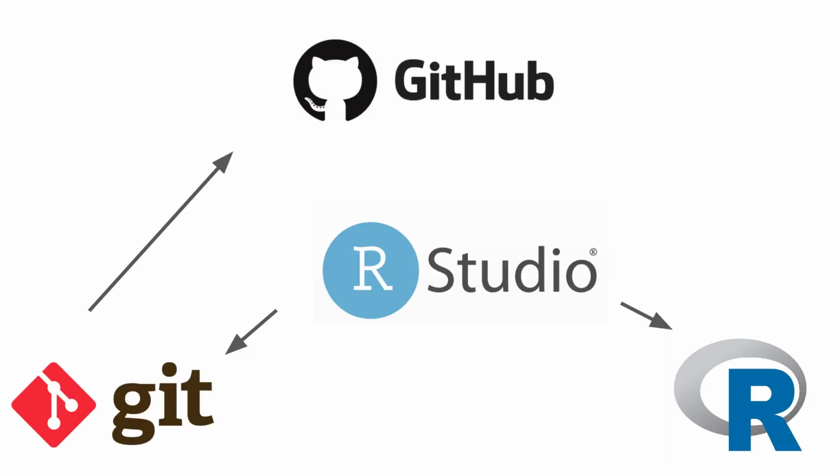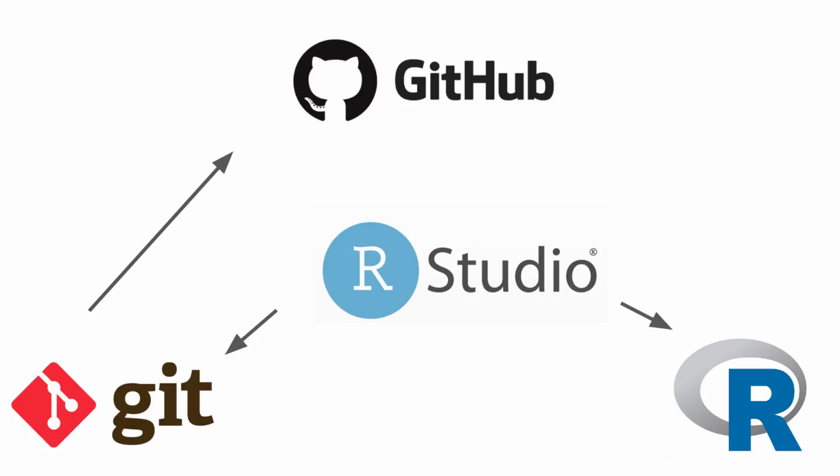So RStudio sits in the center of all of this, and it's the tool that many of us use the most, but at the same time, it's the one that does probably the least, because the only thing it's doing is allowing you to talk to these other tools. So RStudio is just a front end, like the actual body of your car, but then the engine inside it is R, right? In the same way, GitHub is just a website, and the engine of GitHub is Git.